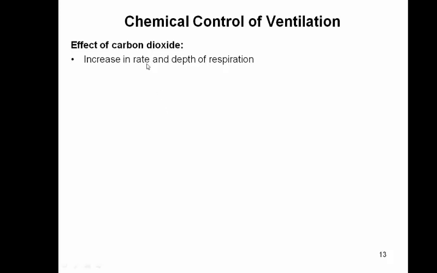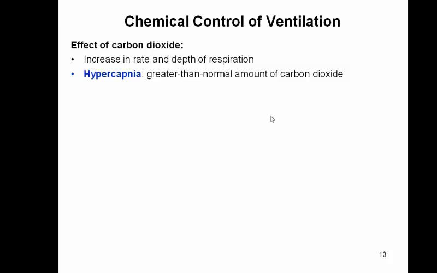And so if we have a change in carbon dioxide levels, if we have an increase in carbon dioxide in our arterial blood, because it is a byproduct of metabolism, so if metabolic rate increases, then we're going to see an increase in carbon dioxide production. That will trigger an automatic and reflexive increase in the rate and the depth of respiration, or rather ventilation.